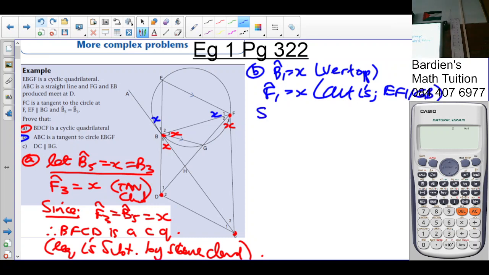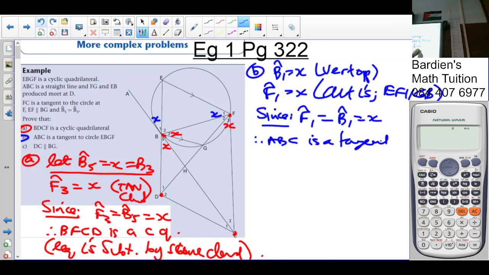So now we say since angle F1 is equal to angle B1, which is equal to x, therefore ABC is a tangent to a circle through EBGF.